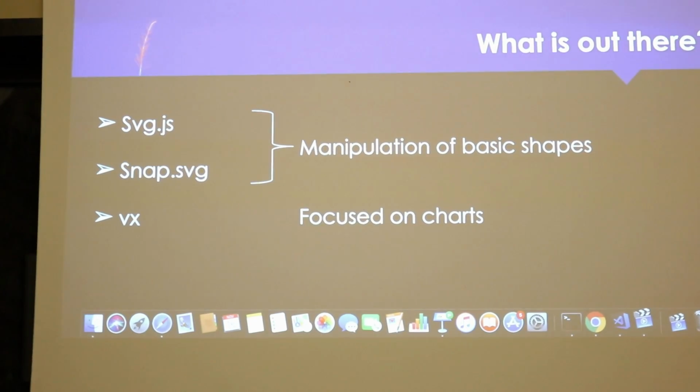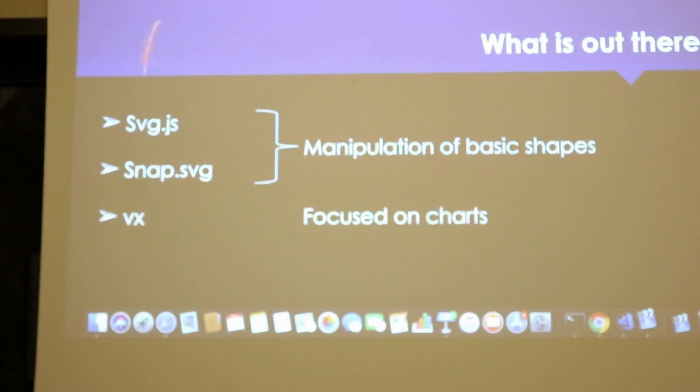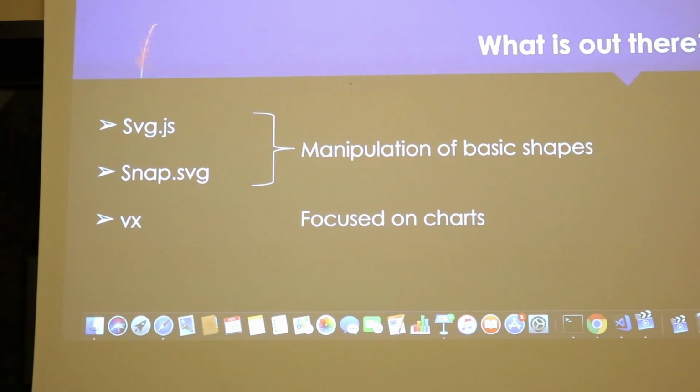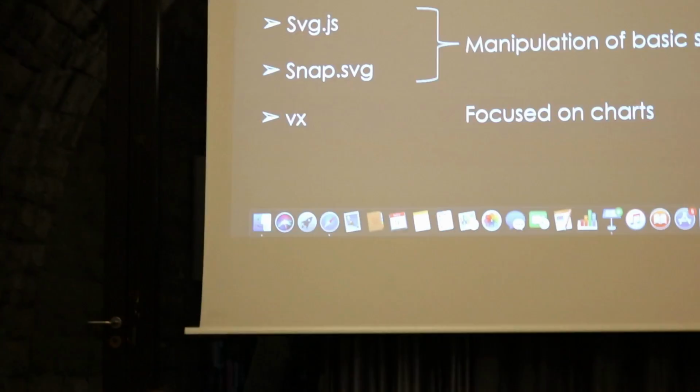So actually VX is now pretty good, but they focus on, I think some guy from the US did this VX.js, which focuses on React. If somebody is interested in building charts, that's a really cool library to use with React.